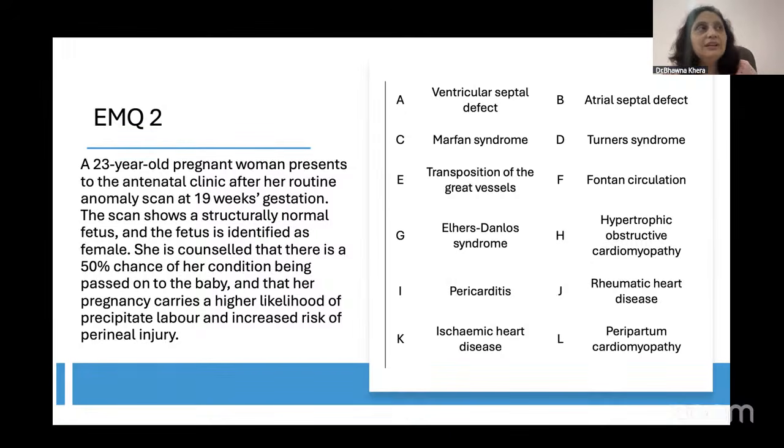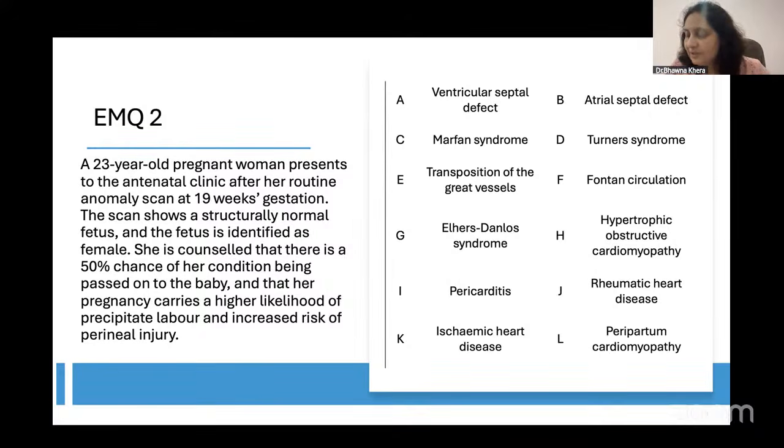What do these two things signify? Precipitate labor is like early pelvic relaxation, and the second thing is tears, perineal injury. So what does this signify? A problem in the connective tissue. Now, if we talk about connective tissue disorders, what is the correct answer here?